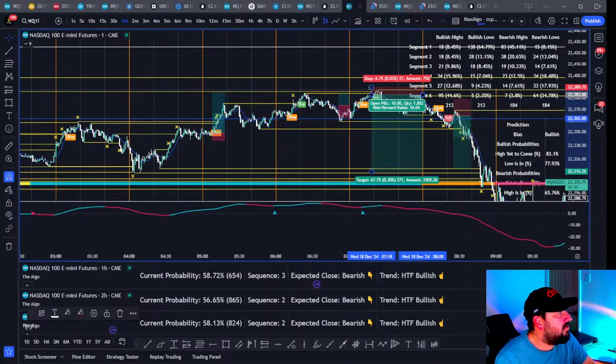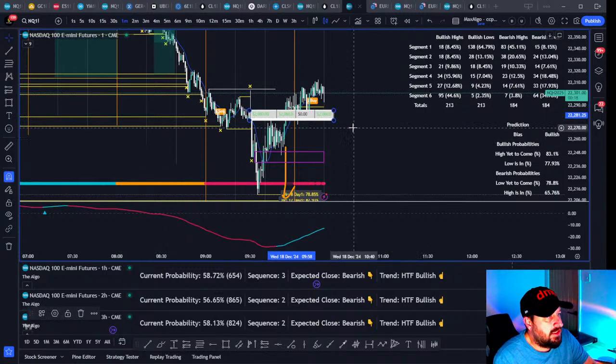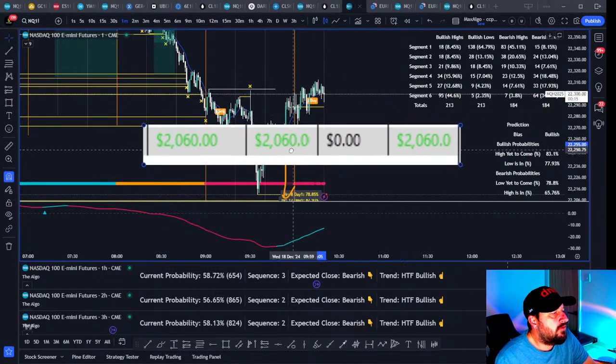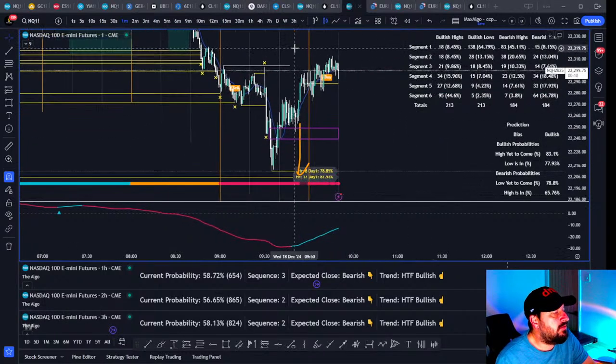We were 2,331 up before the gold trade, and we are now down 300. So here's our P&L for the day. We were 2,330, and we're now at 2,000 after the gold trade.